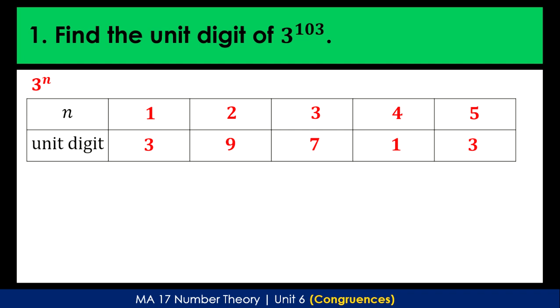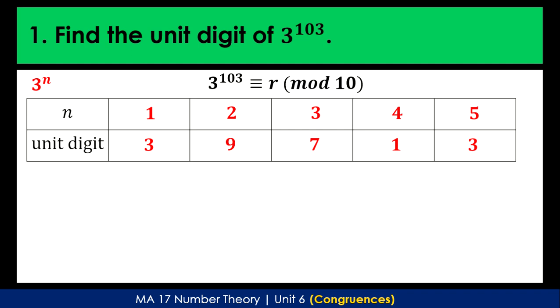When we divide by 10, obviously the resulting remainder is from 0 to 9 only, so that's why we can obtain the unit digit there if we use m as 10. Here we have 3 raised to 103 congruent to r modulo 10. So what is the remainder when we divide 3 raised to 103 by 10?